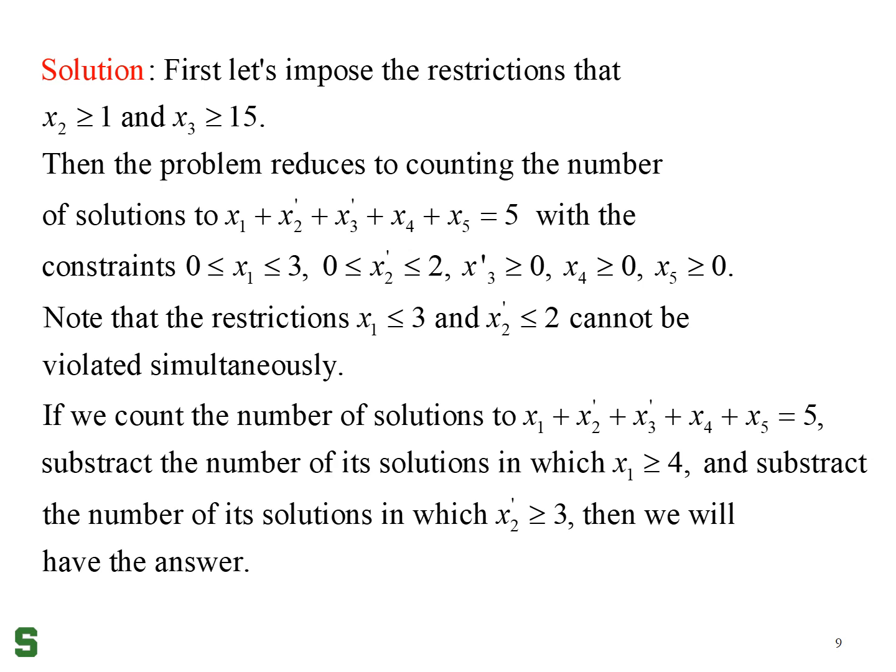Now, the way we can do this is by using the inclusion exclusion principle. So, if we use the inclusion exclusion principle, what we are going to do is first we are going to ignore the upper bounds.